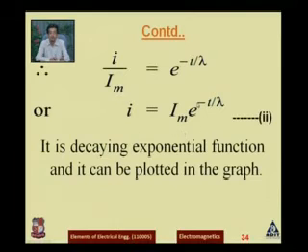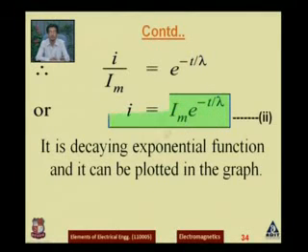That means till now, in the derivation portion, we have derived this equation I is equal to Im into e raised to minus t divided by lambda. This e indicates that it is an exponential function. That means the current will not decrease immediately.